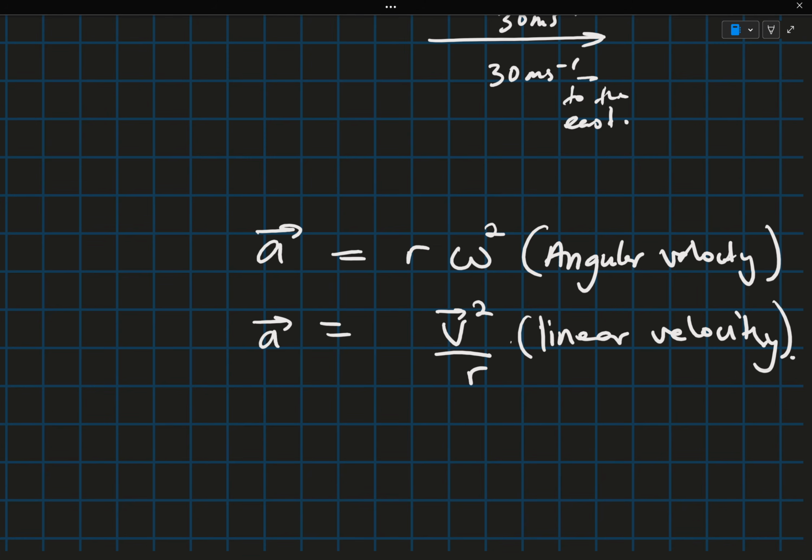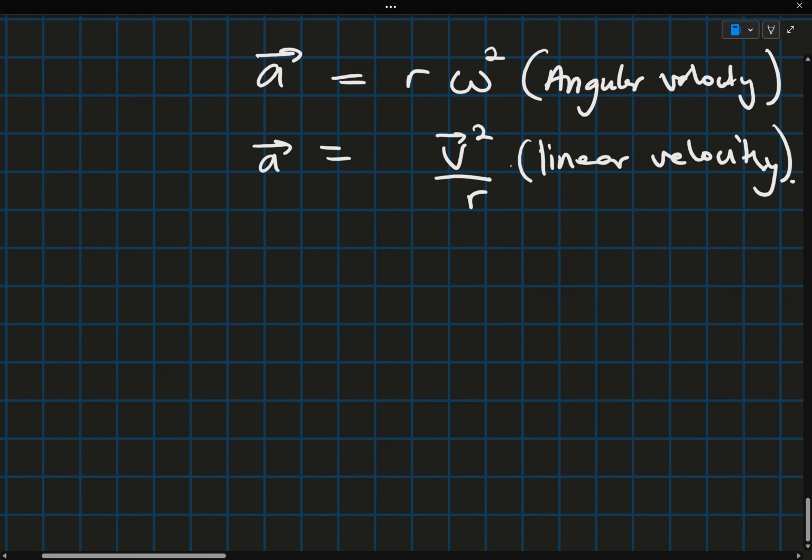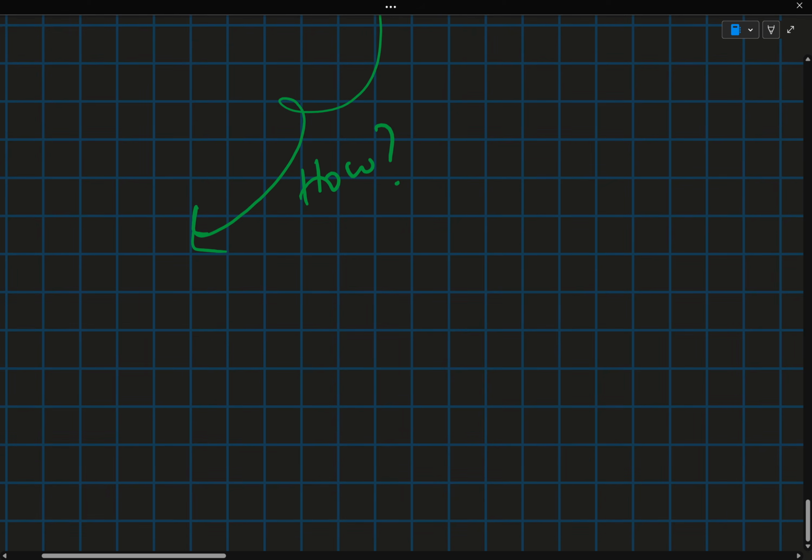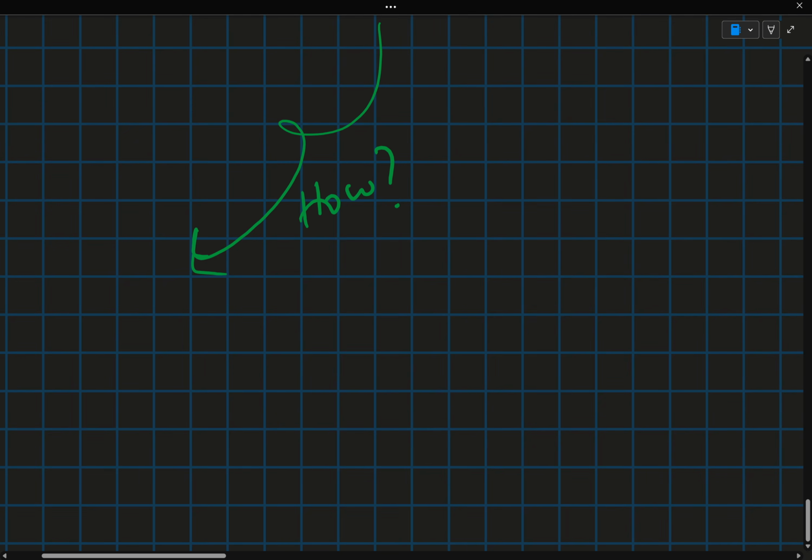All right, so firstly, we have two different forms. They're kind of interesting, right? So let's start with angular velocity, omega. Omega is equal to the change in angular displacement over the change in time.